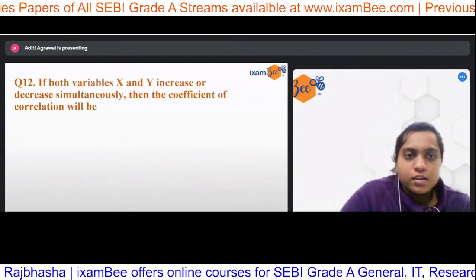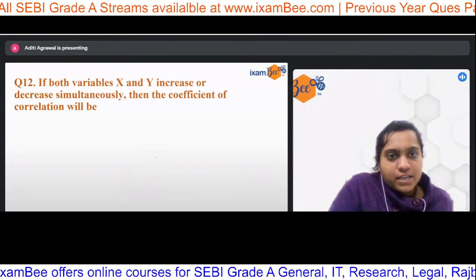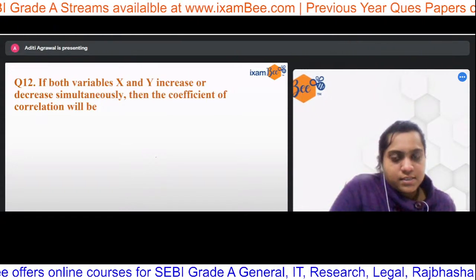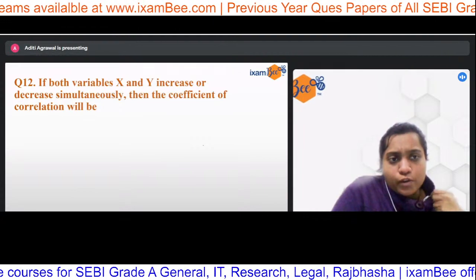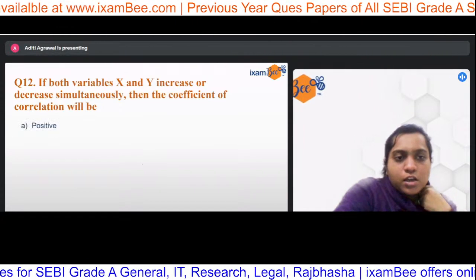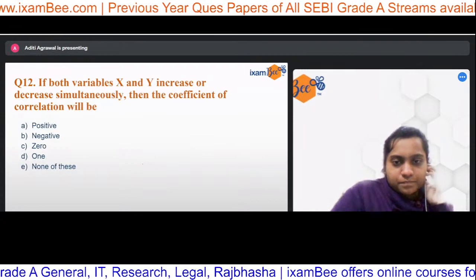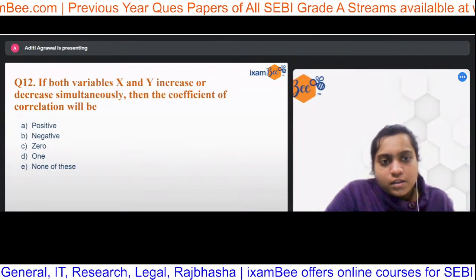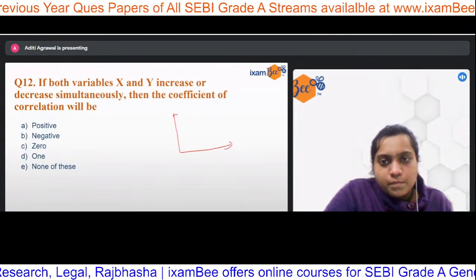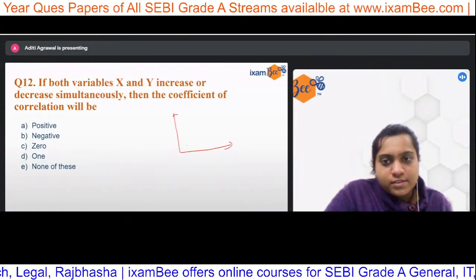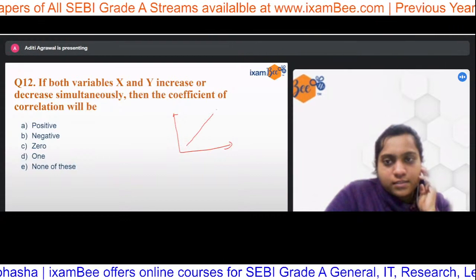Next question: if both the variables x and y increase or decrease simultaneously, then the coefficient of correlation will be, the options are positive, negative, 0, 1, or none of these. If both of them are increasing, it depicts a positive relationship.